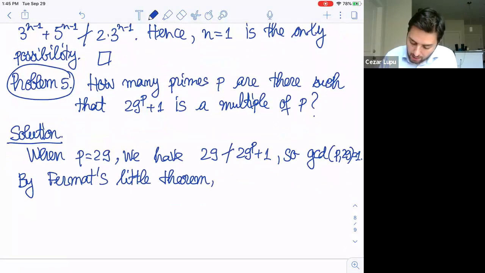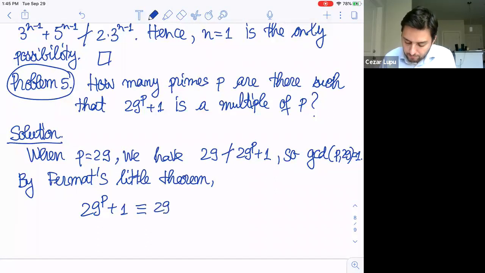Let's write this guy, 29 to the power P plus 1. This will be congruent with 29, right? Plus 1, which will be congruent with 0 mod P, right?